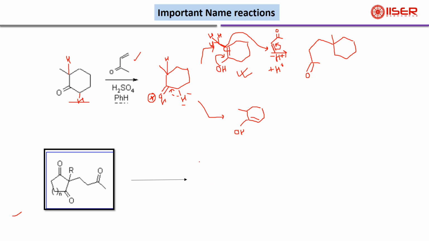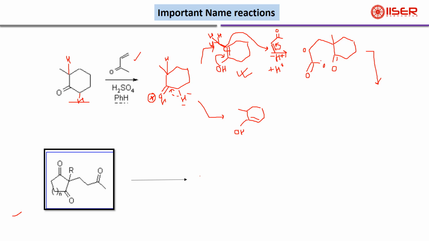After that, still acid is remaining. So there are two alpha hydrogens, one is here, another three is here.